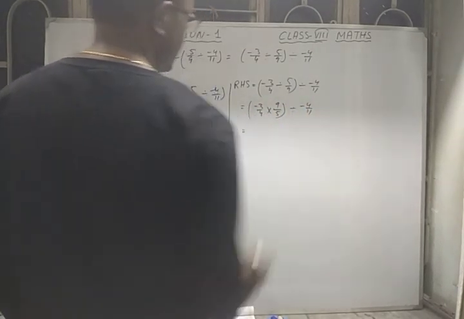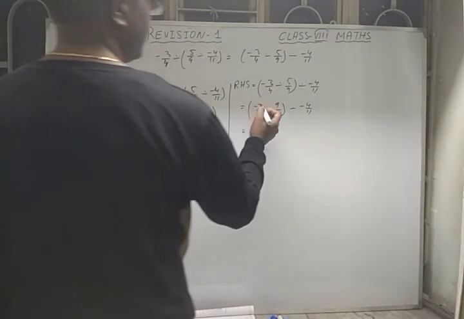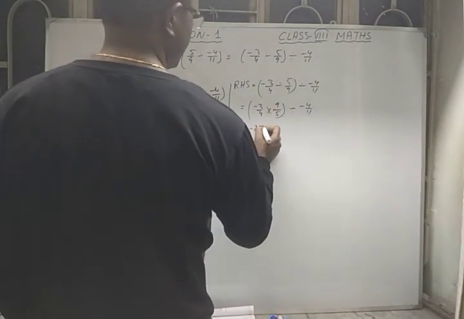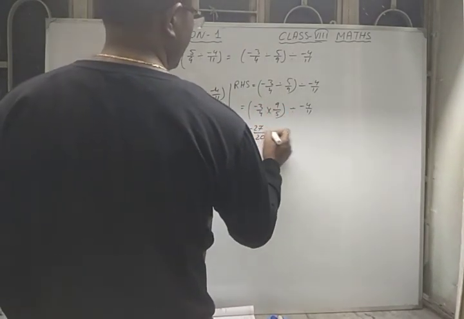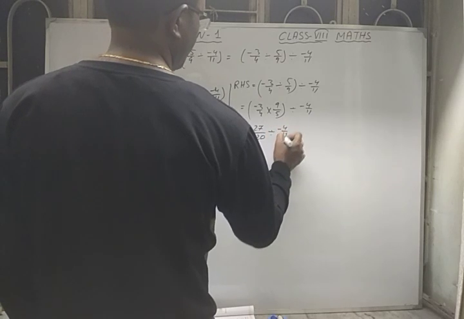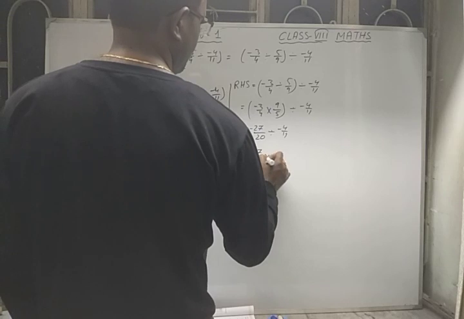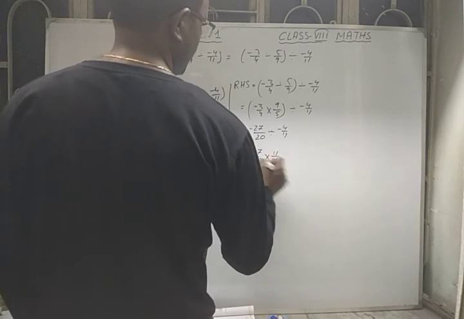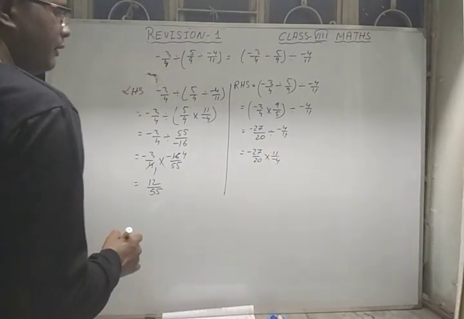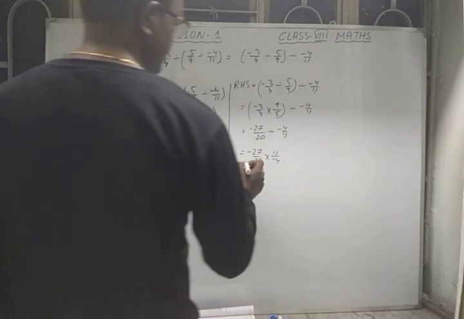Is there any cancellation? No. So just multiply: 3 9s are 27, minus, so minus 27 by 20 divided by minus 4 by 11. After that again 27 by 20 into 11 by minus 4. Is there any cancellation? No, there is no cancellation, you just have to multiply.